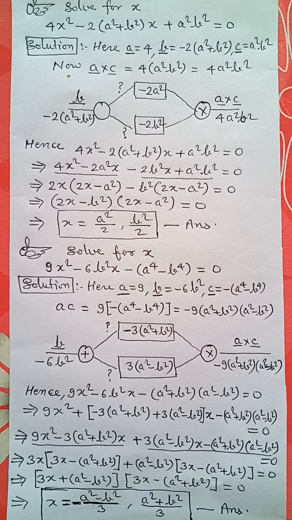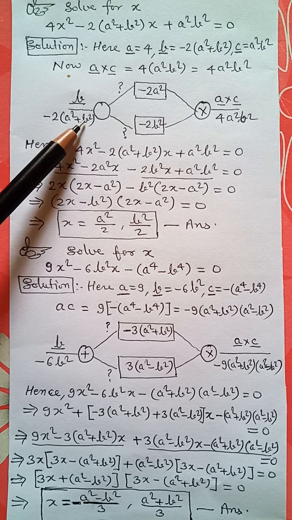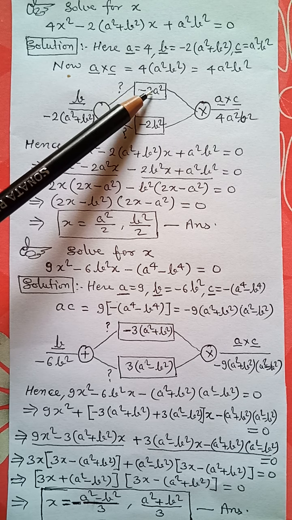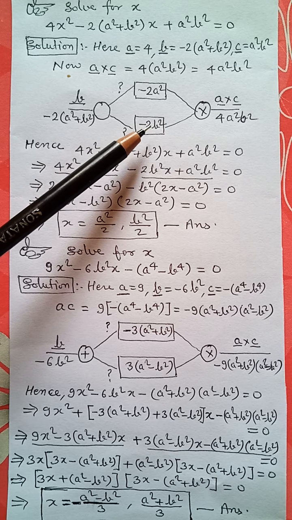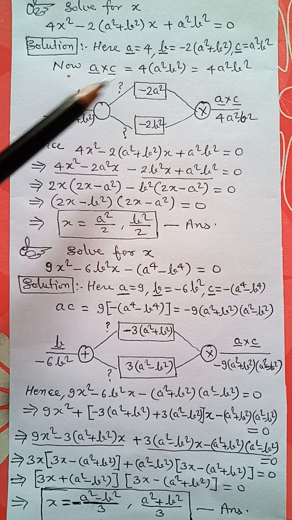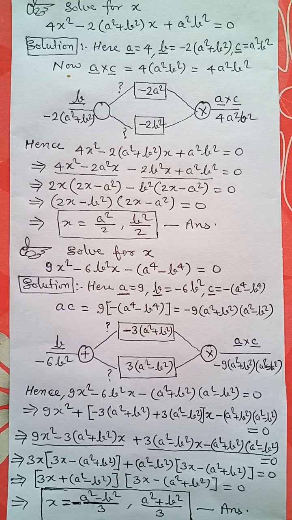That means the middle term is already written in that form. This is your r and this is your s. Therefore r is −2a² and s is −2b². Hence the product is 4a²b².